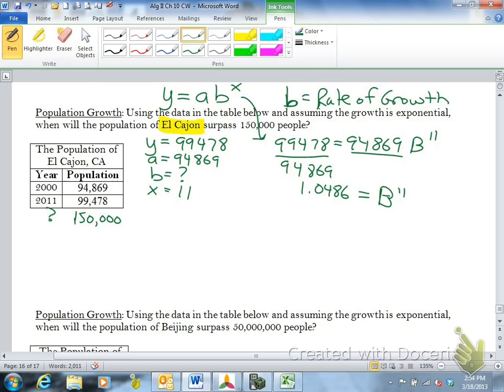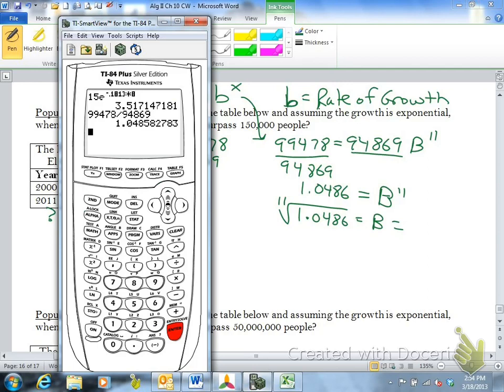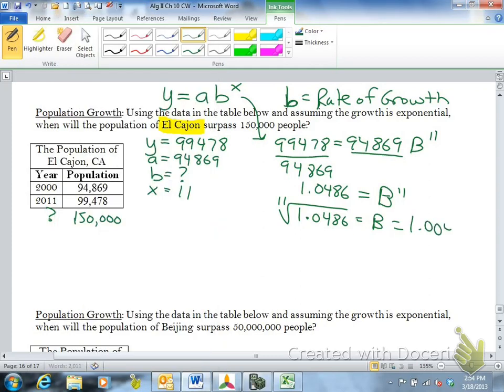To solve for b, you would do the 11th root of 1.0486 equals b. On the calculator, you would do 11, then under math, number 5, and type that number, 1.0486. I'll round it just to make it a little faster, 1.0043. So that's your b value.